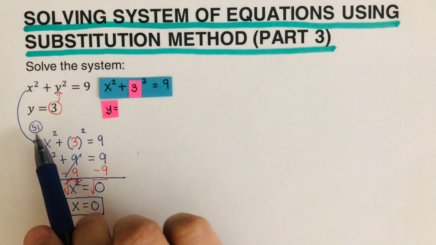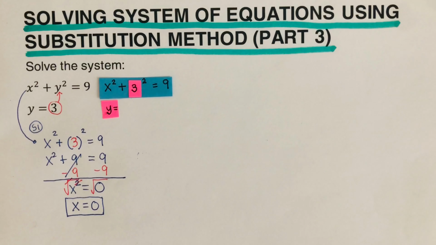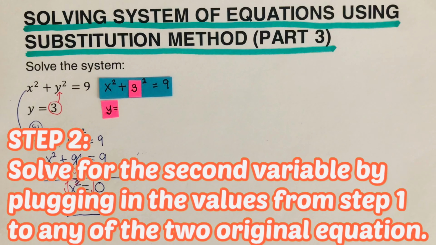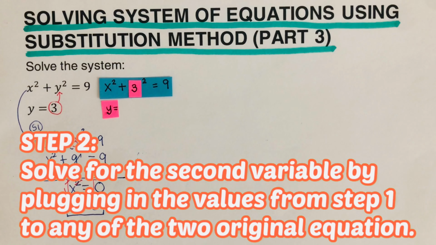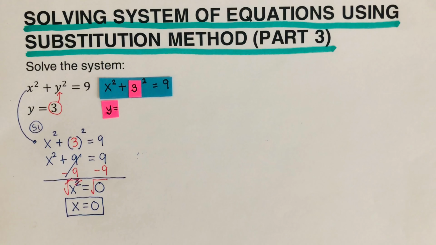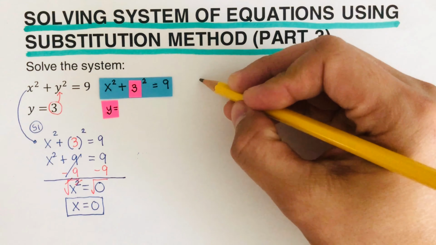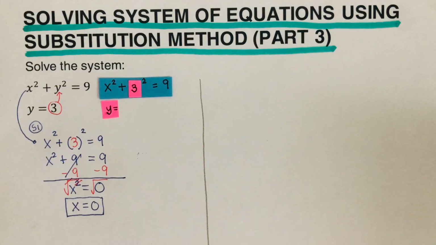Now, once we are done with the first step, we move on to the second step, which is to solve for the second variable. We have solved for x already, so we solve for the second variable by plugging the value from step 1 into either of the two original equations. I will label this part as the second step.